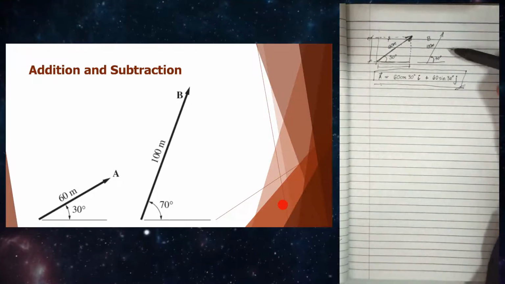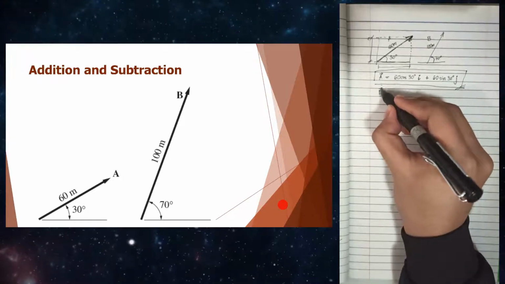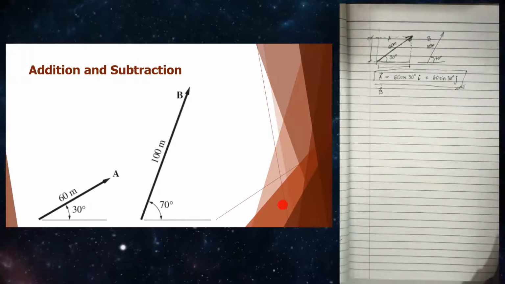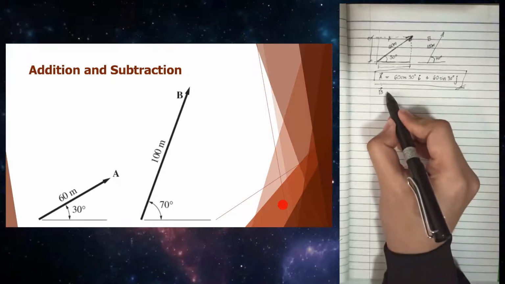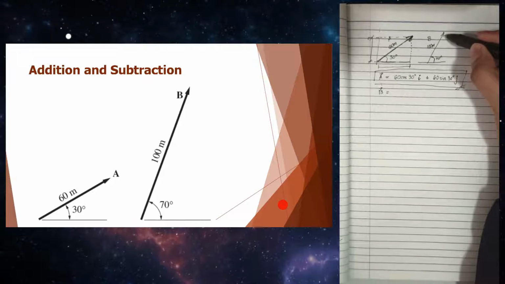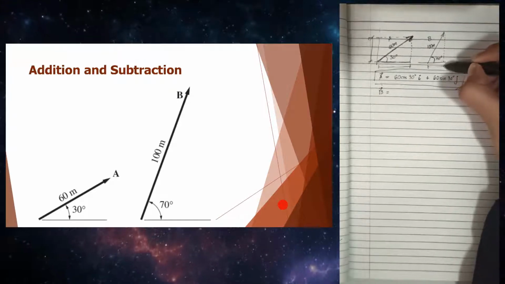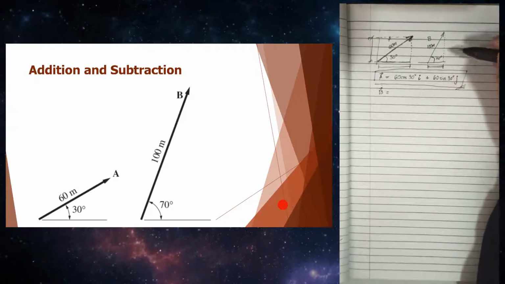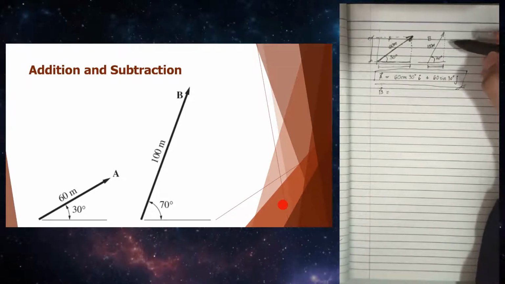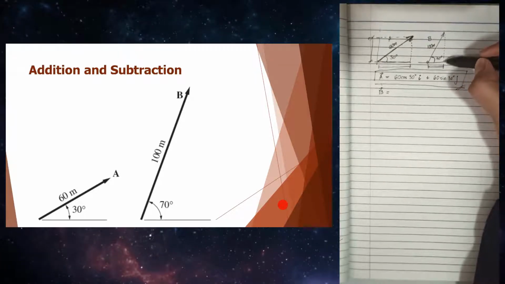Now, for vector B, nilalagyan ko lang siya lagi ng arrow sa ibabaw para masabing siya ay vector. Para mabuo natin yung kabuuan ng vector, meron siyang x component. Kailangan niya mag-travel pa kanan from here to here.